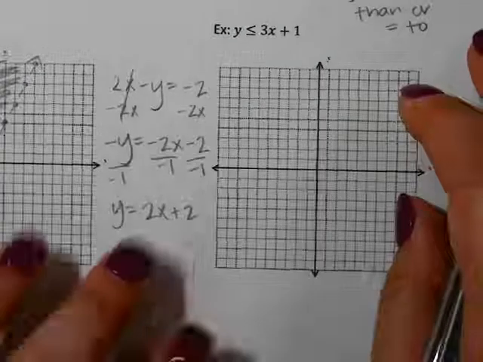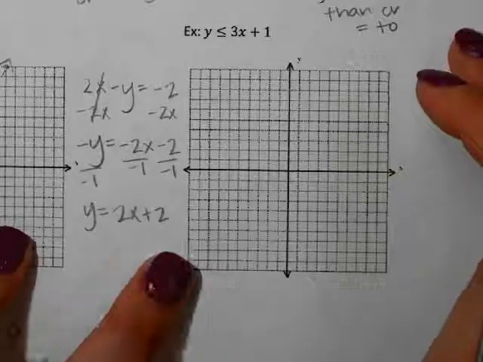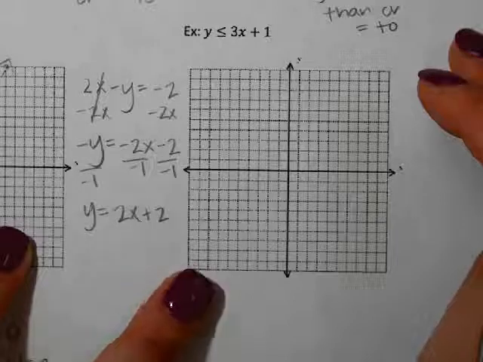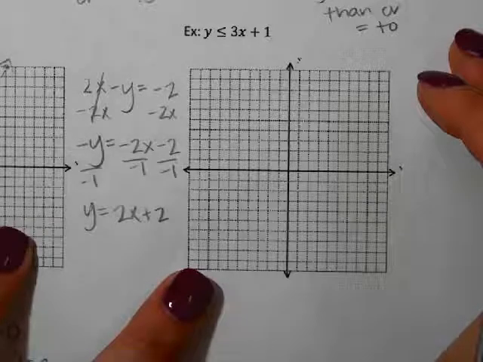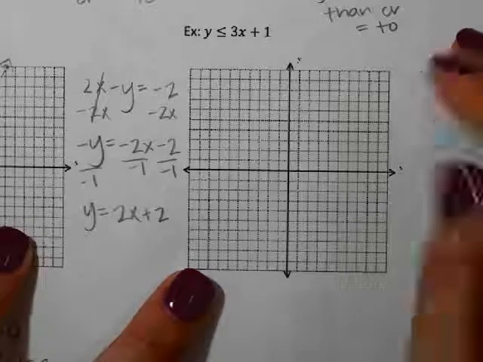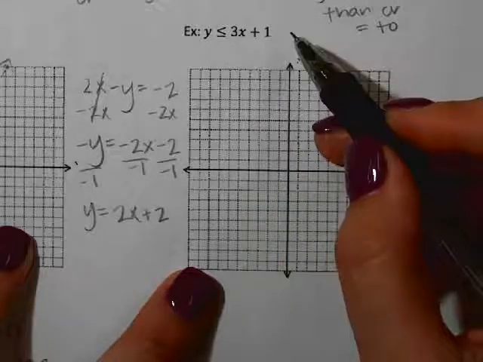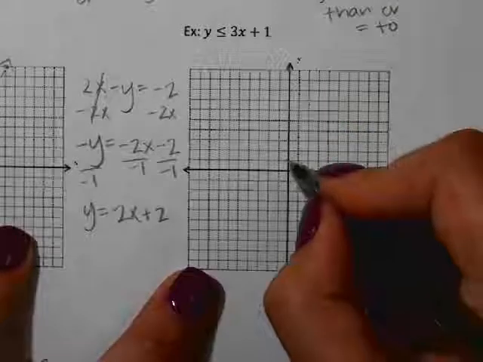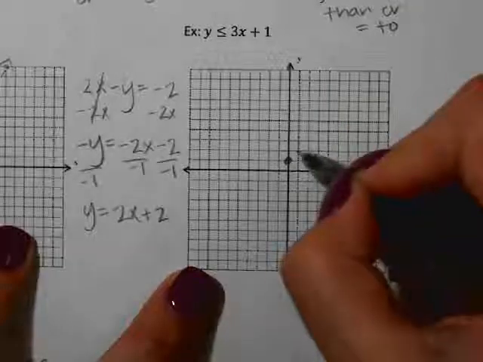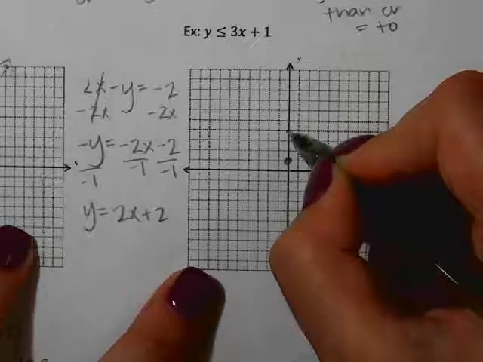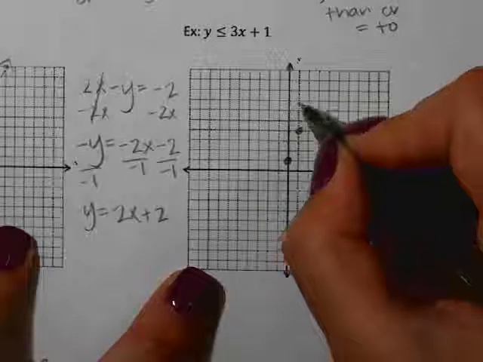All right, next one. How do we start? It's already ready to graph, right? It's y equals mx plus b. So you start at 1, and then we do 1, 2, 3 over 1, 1, 2, 3 over 1.